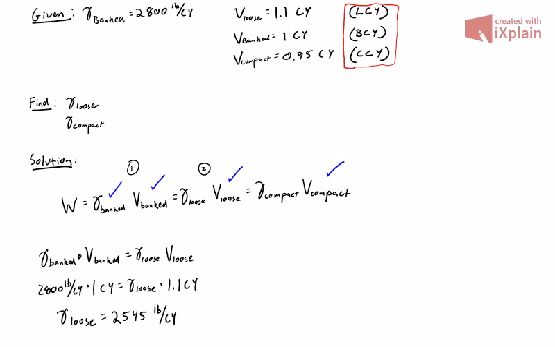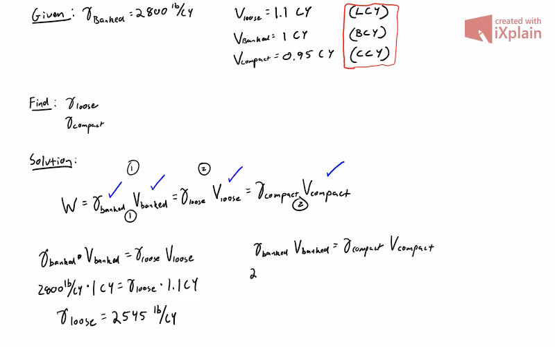And then we can do the exact same process with compact, right? We'll use the banked information because we have all of that, and the compact information because that's what we're trying to solve. So banked specific weight times banked volume is equal to compact specific weight times compact volume.